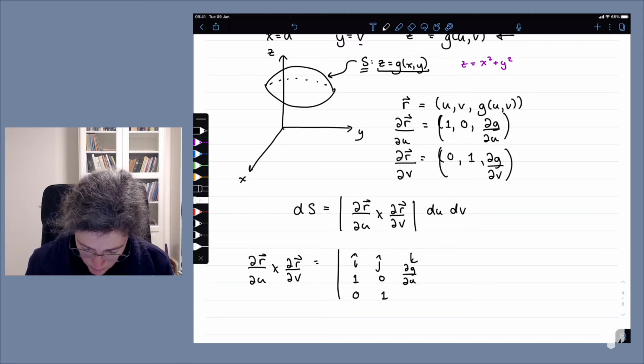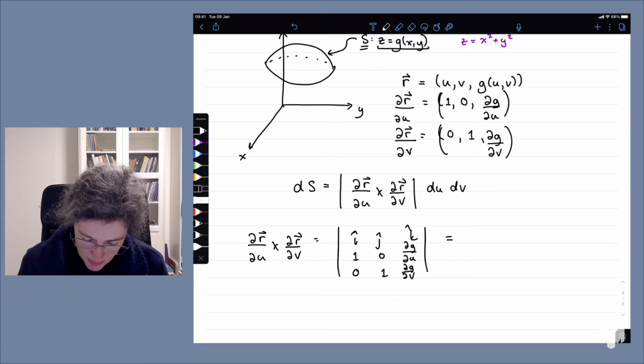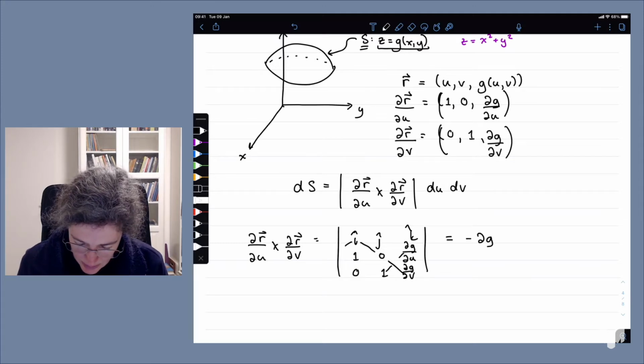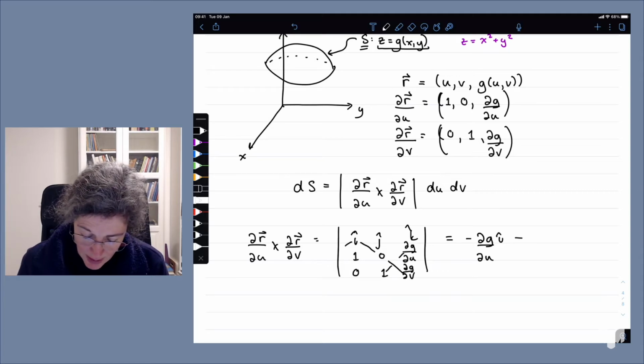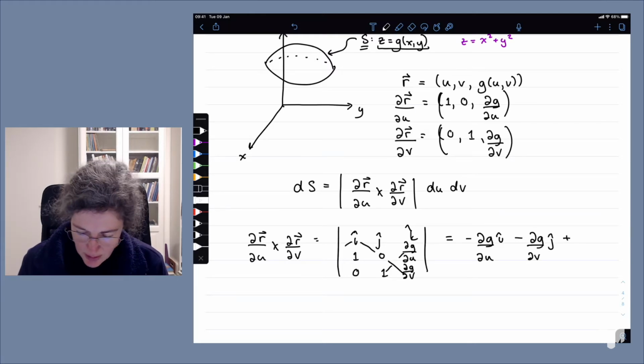Here I've got 0, 1, dg by dv. Multiply that all out, and what do I get? In the i direction, we take this direction first, that gives me 0, and now going back in that direction, I get a minus dg by du in the i hat direction. Same thing happens in the j direction, I get a minus dg by dv in the j direction, and in the k direction I get a plus 1k.